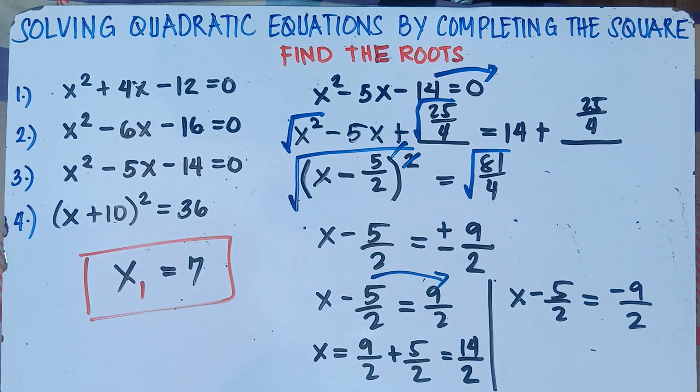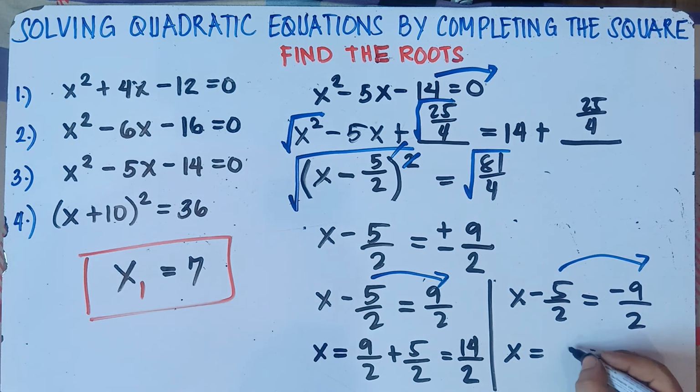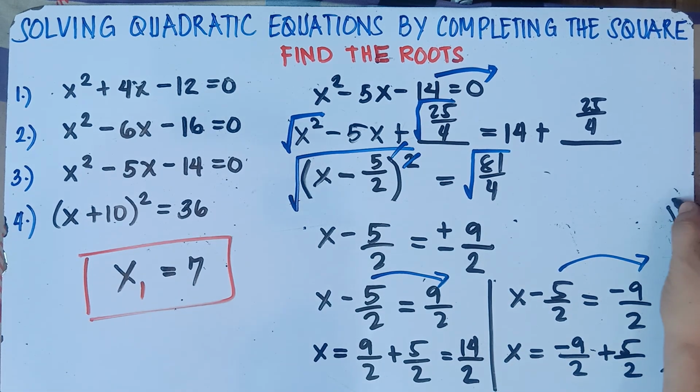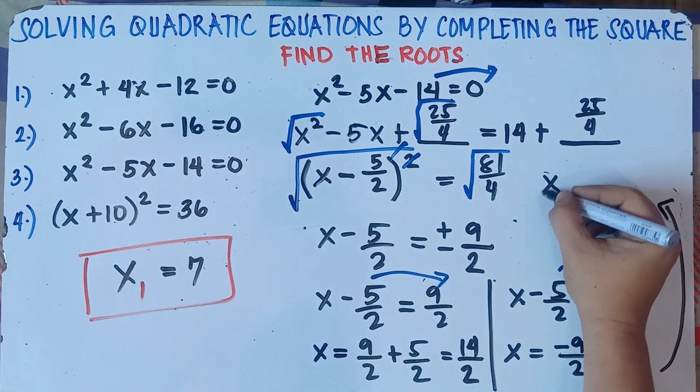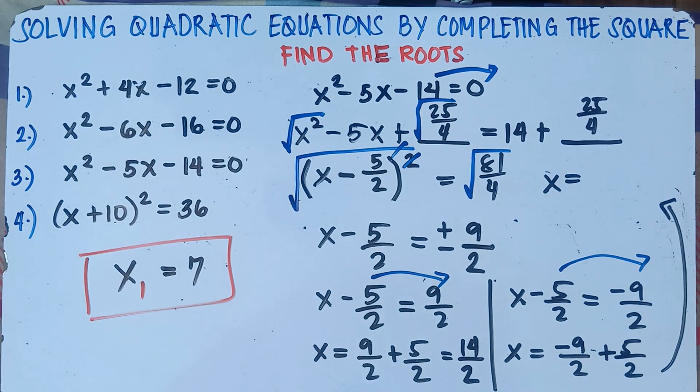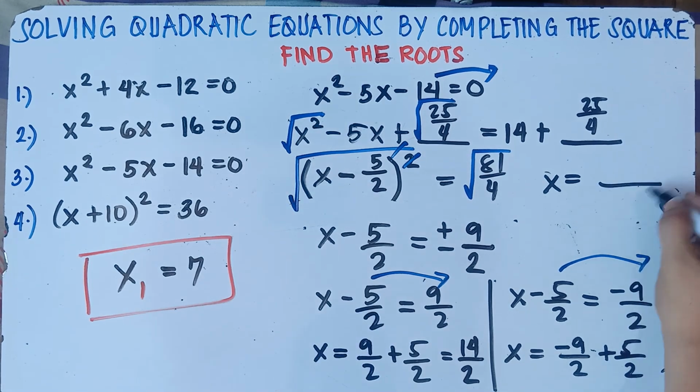Our x sub 2, this will be x. We transpose negative 5 over 2 from left to right. So this will be, copy, negative 9 over 2. This is negative, it will be positive 5 over 2. And our final answer will be x equals, so once again, same denominators, copy.